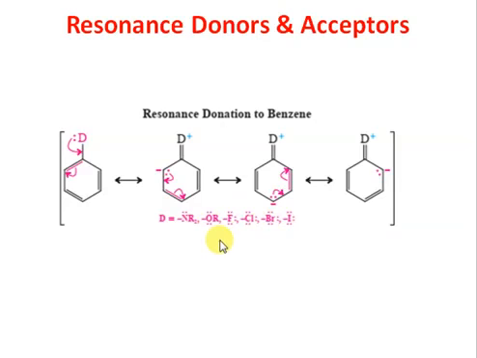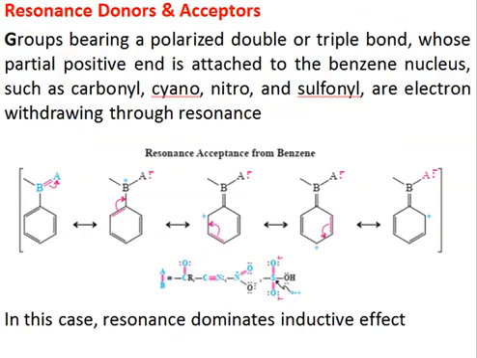All of these can donate electronic density to the benzene ring with respect to resonance, but just remember that in case of the halogens, the electron donating effect is not much pronounced. There is some inductive effect as well, and although the inductive effect overweighs the resonance, they are still donors with respect to resonance effect.